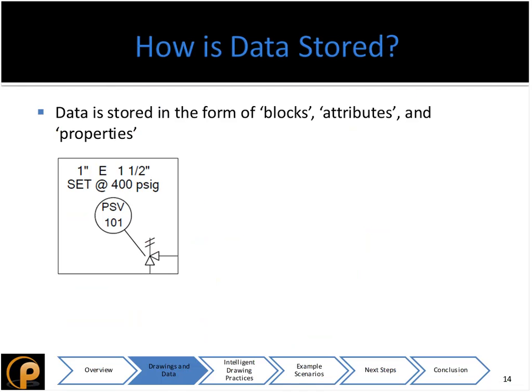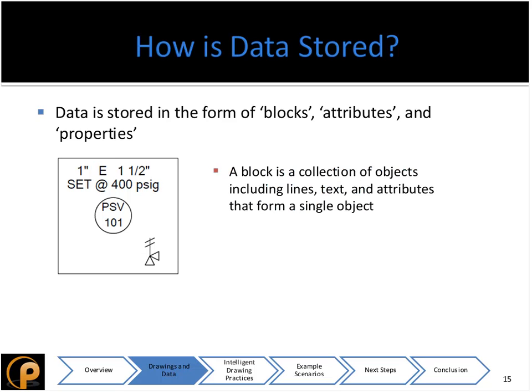So real quick, I want to go through how the data is actually stored on these drawings. Some of the terms I use may be associated with certain software. The concepts are going to be similar throughout all of your CAD software. I'm going to be using terms like blocks, attributes, and properties.